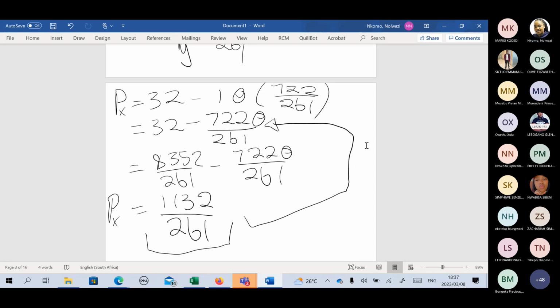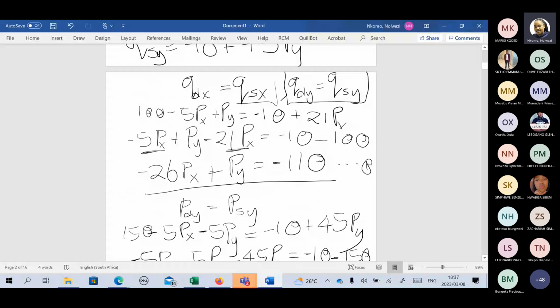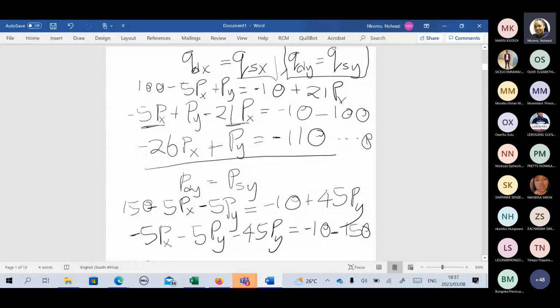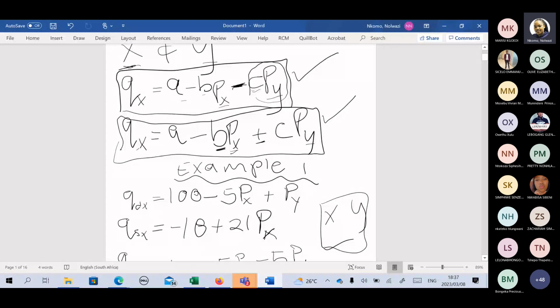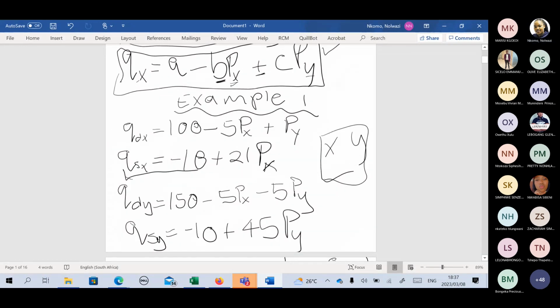Now we have these two equations, the original ones that we were working with initially. One is for quantity, the demand. So you have PX and PY.